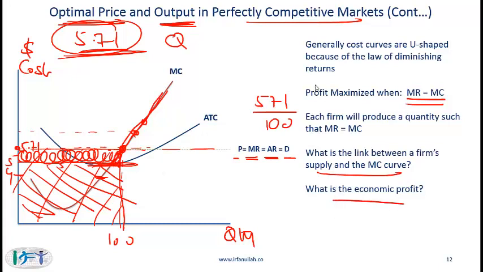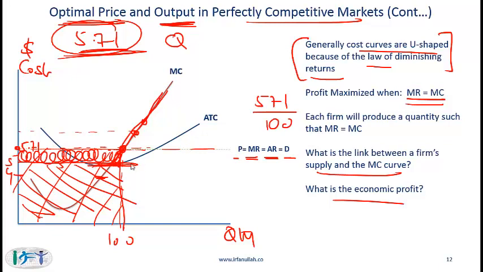One final point before I go to the next slide. Generally, cost curves are U-shaped because of the law of diminishing returns, and this is something we saw in the previous reading, but I'll just mention it again. Generally, if you sell just one orange, then your cost per orange is likely to be high. As you sell more and more oranges, your cost per orange tends to be lower.